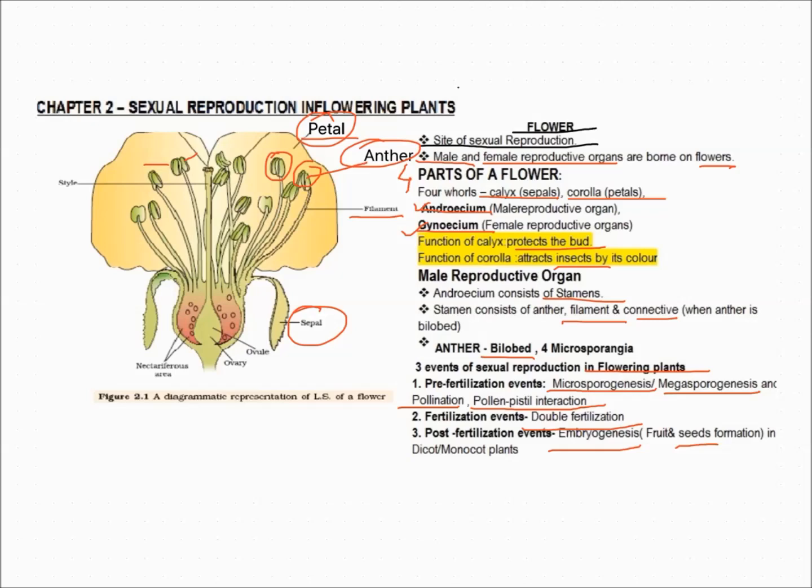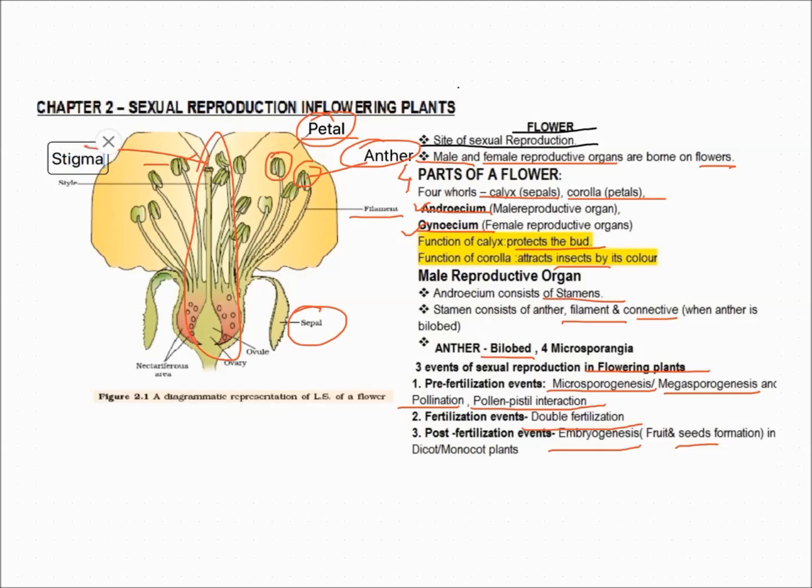The male reproductive part is androecium, and gynoecium is the female reproductive part. The female reproductive part is made up of the stigma.